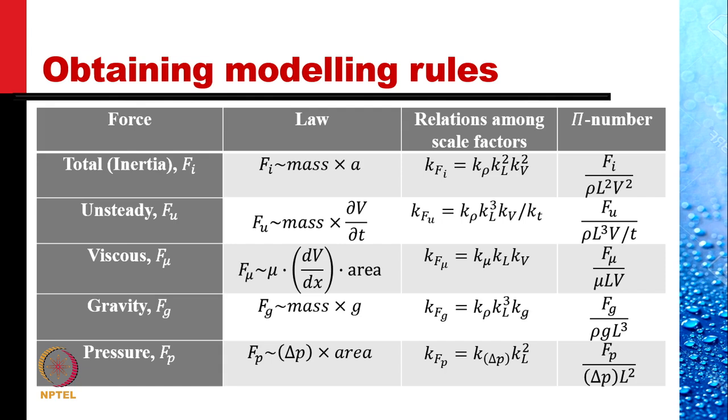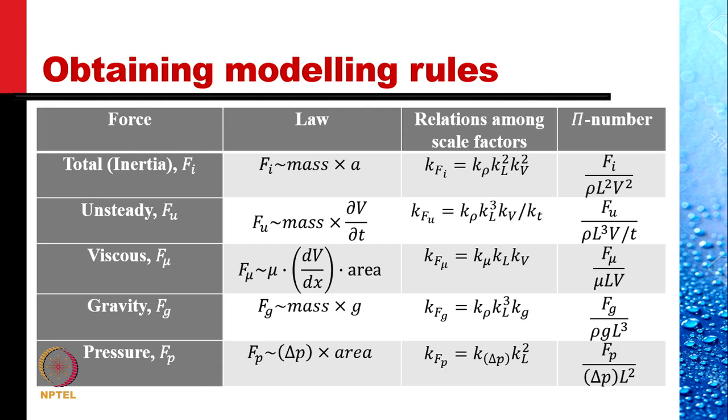In writing the scale factor for mass in terms of k rho and kl, and for acceleration in terms of kv and kl, we get the scale factor for the inertial force as k rho kl square kv square.